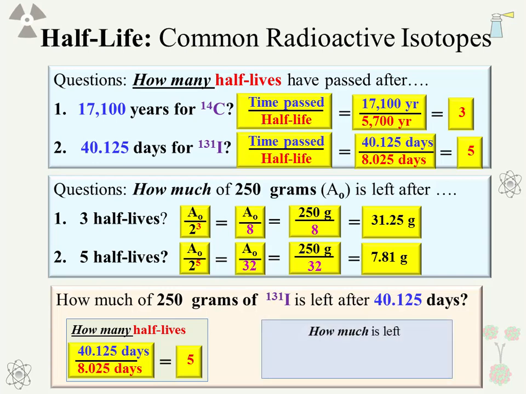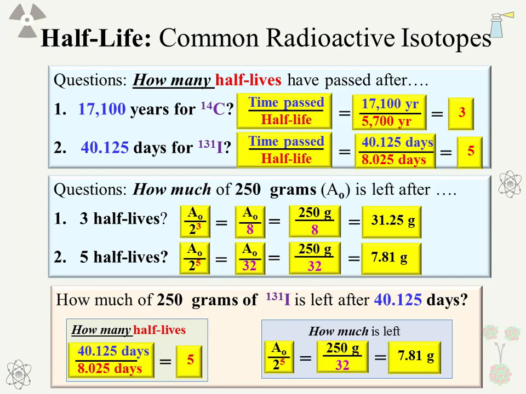How much is left is based on starting amount, 250 grams divided by 2 raised to the power of 5, 32, is 7.81 grams. With some practice, this type of problem solves without too much difficulty.